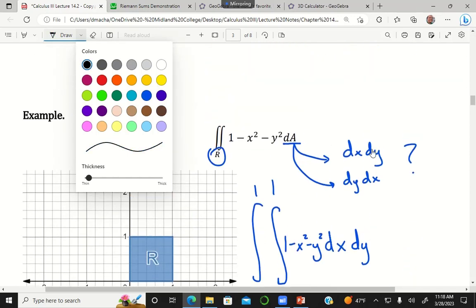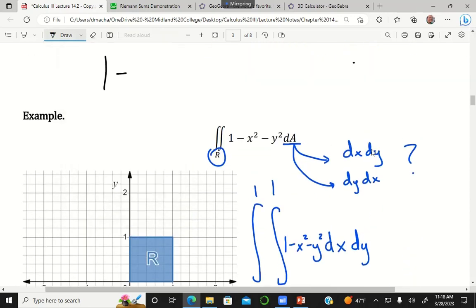So first, I would say, let me set this surface, right? z equals 1 minus x squared minus y squared. If I wanted to calculate the total volume bounded between the surface and the xy plane, then I would say what x and y values give me a z value of 0. In other words, where does this surface intersect my xy plane?